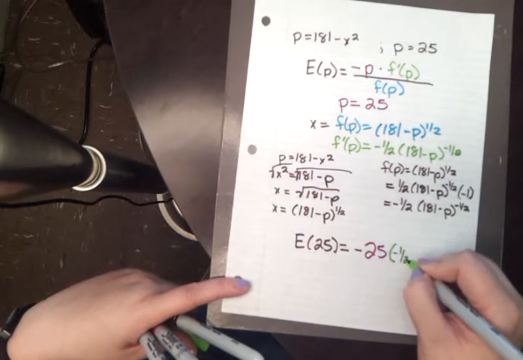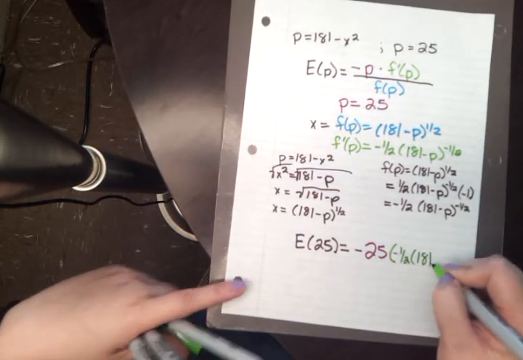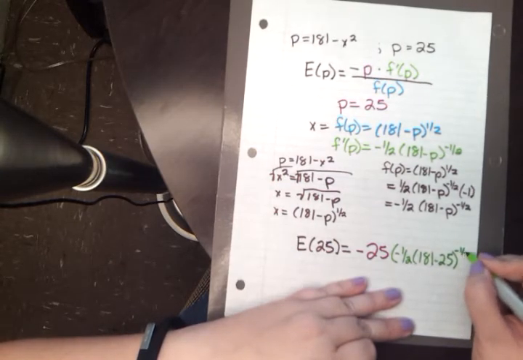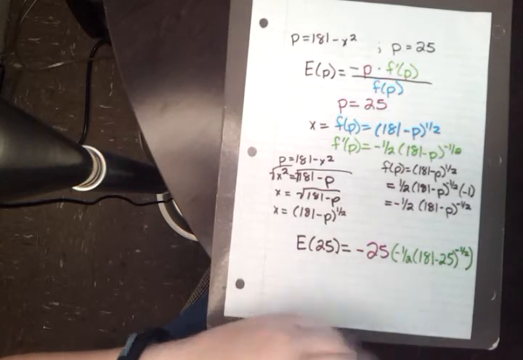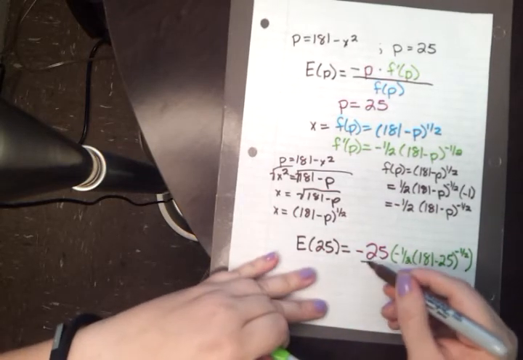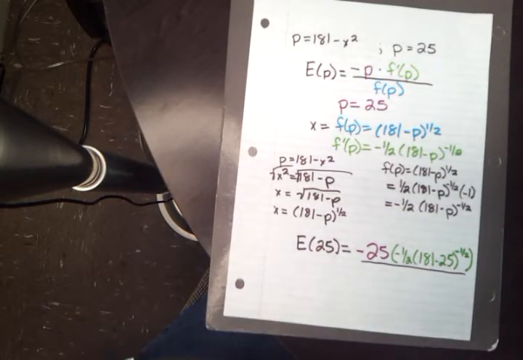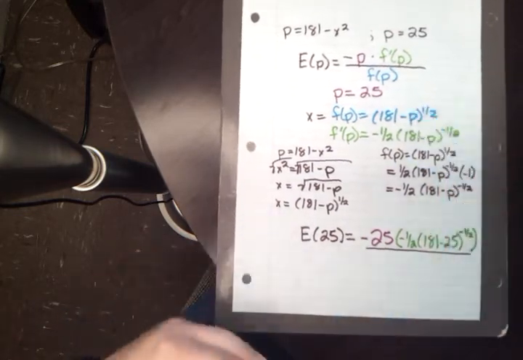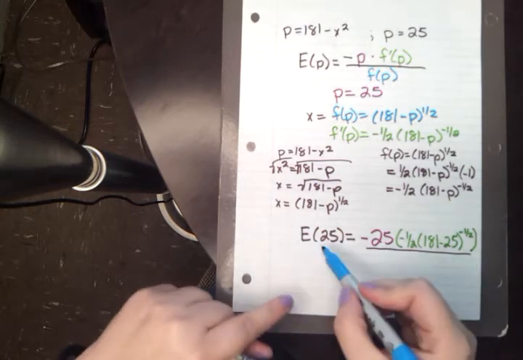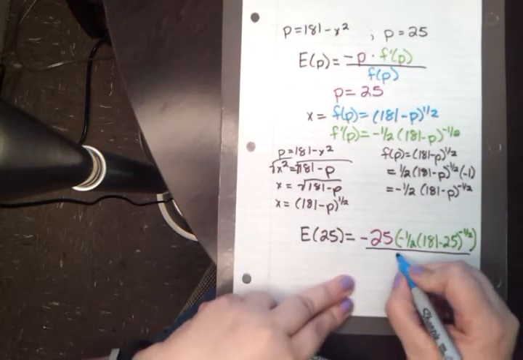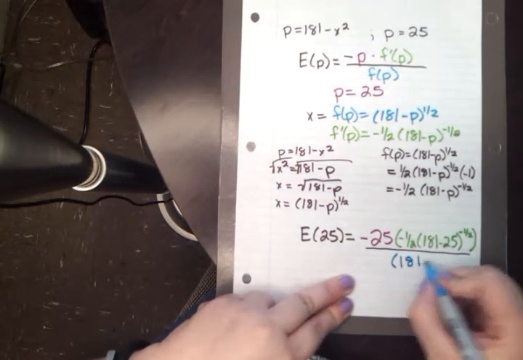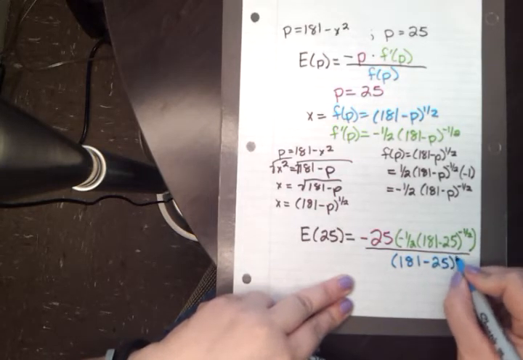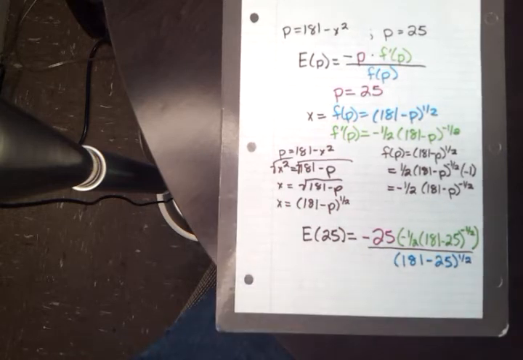That would be negative 1/2 times 181 minus 25 to the negative 1/2 power. We're going to put all of that over f of p. Again, I'm just going to plug in my 25 while I'm writing it out because I know that I'm looking for e of 25. So that's all over 181 minus 25 to the 1/2 power.